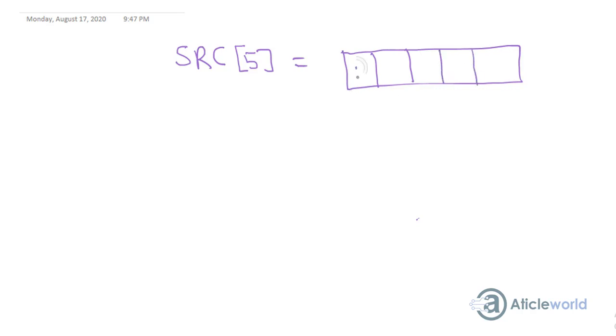And it's containing A, B, C, and null character. And this is containing some garbage value, it might be 0. And a destination buffer, and also size is 5.